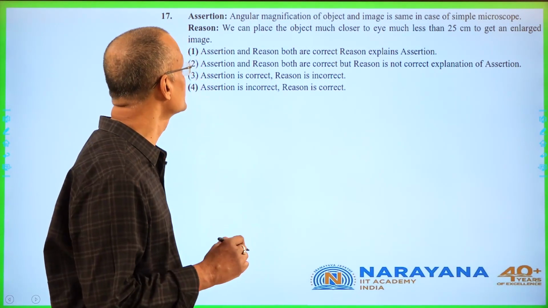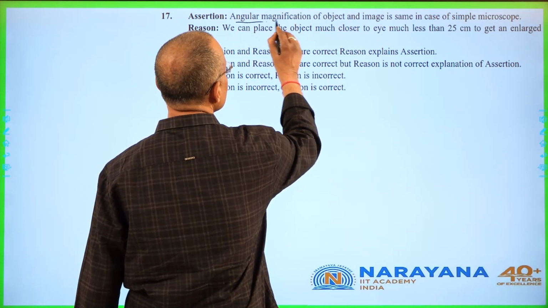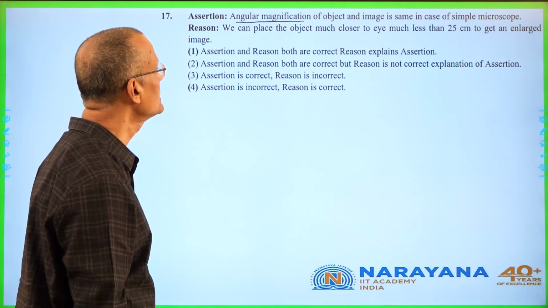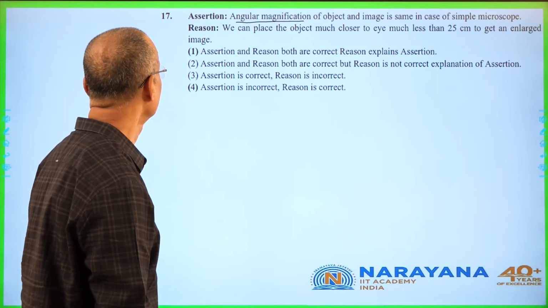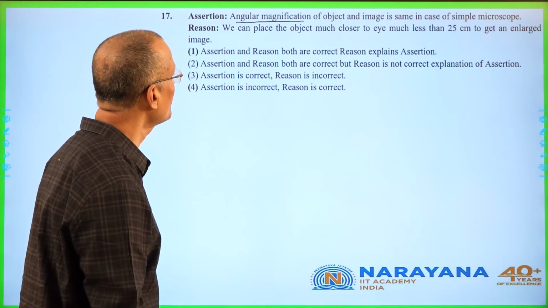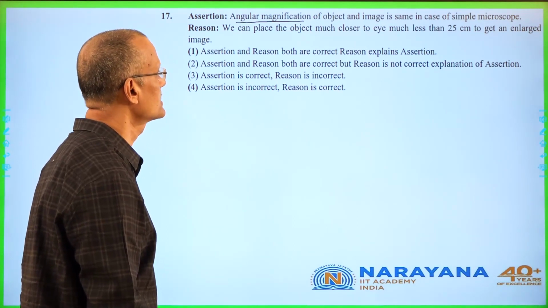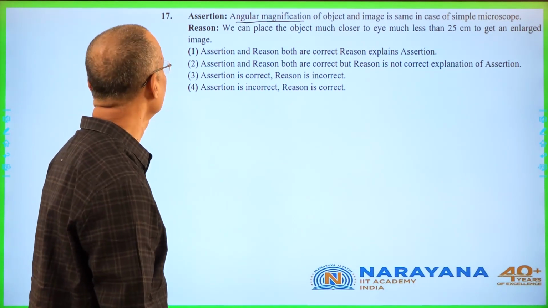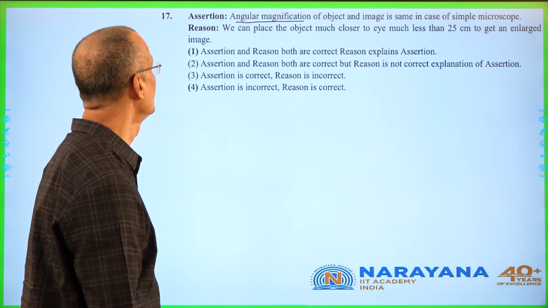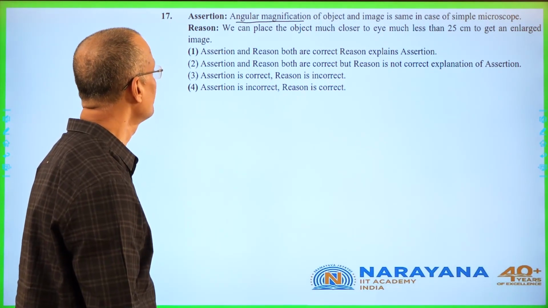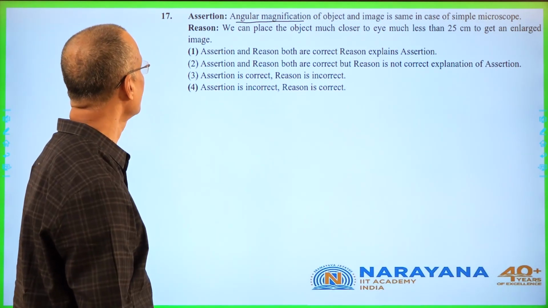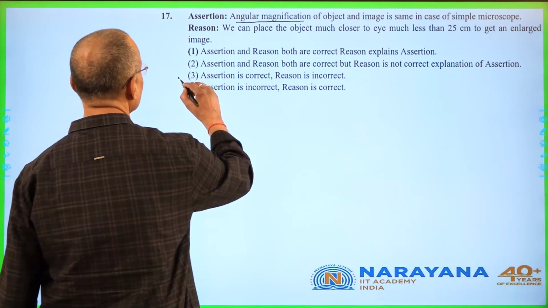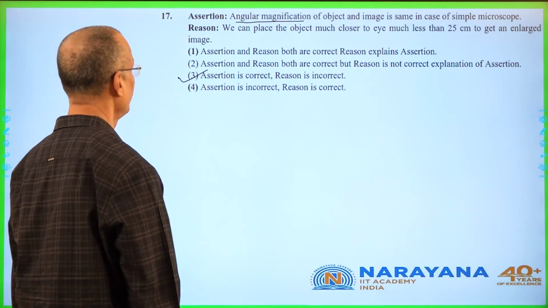So in the case of a simple microscope, we take the assertion that angular magnification and linear magnification are the same, then the assertion will be correct. Right now, we can place the object much closer to the eye, much less than 25 centimeter, to get an enlarged image. I am thinking that the reason is completely incorrect. So assertion is right and reason is completely wrong. Answer for this will be 3.